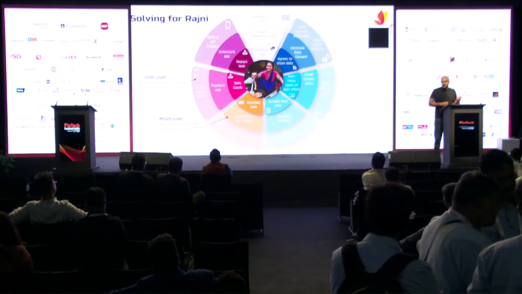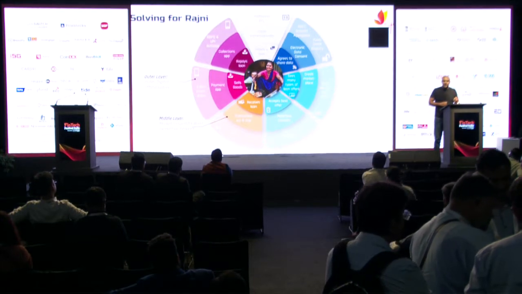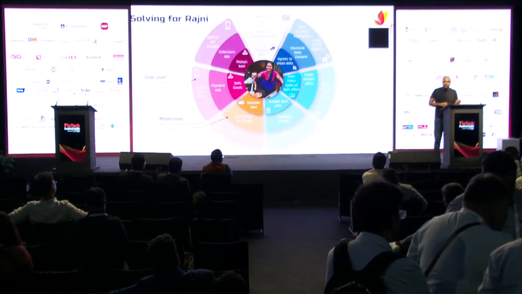So what we did at iSPIRT was try to think through who are we solving for, right? So we created a protagonist, and we often use this, and her name is Rajni. And while the character is fictional, this was actually experienced. In 2014, a team had gone out to the villages and tried to identify the hardest use case possible to solve for.